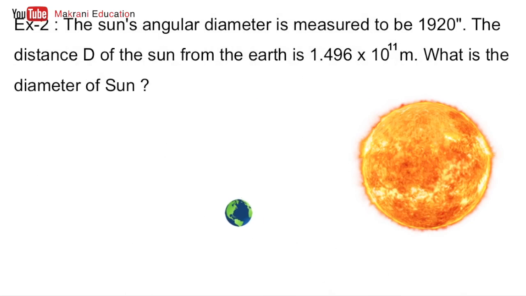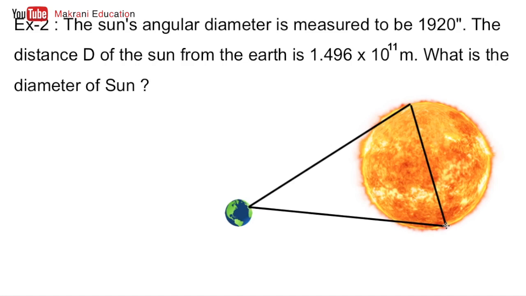According to our question, from one point on earth, we are observing two diametrically opposite points on the sun, such that this angle alpha is given to us, that is 1920 second.